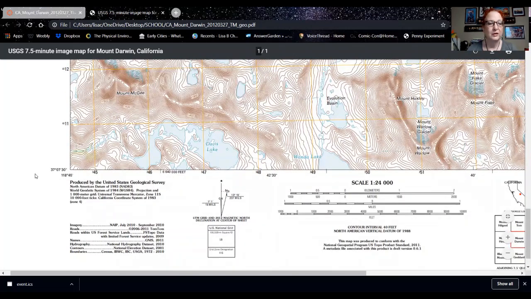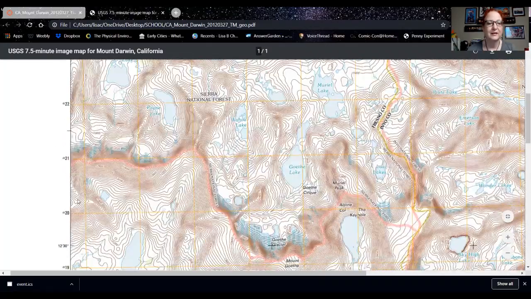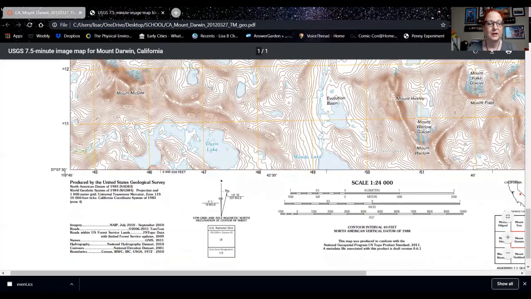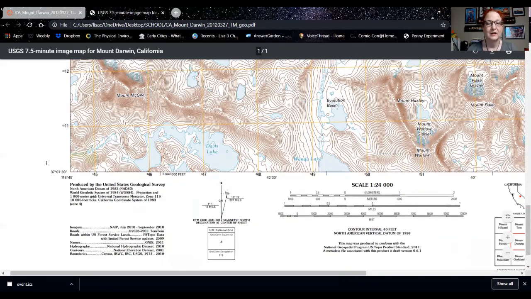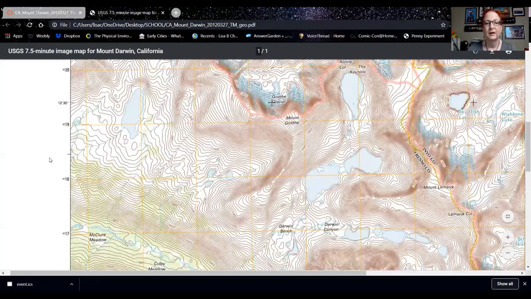And here's your 37:07:30. And here's 118:45. 118:45 is the same as at the top. So that's this line up and down. Whereas the 37:07:30, that's 37 degrees, 7 minutes, 30 seconds, is the one that's increasing as you move north.